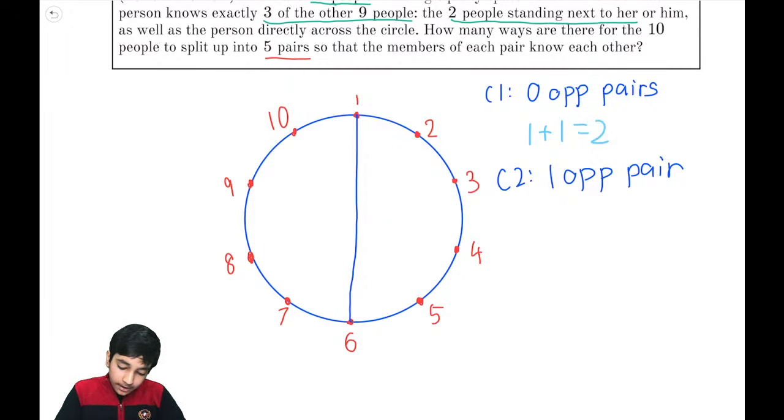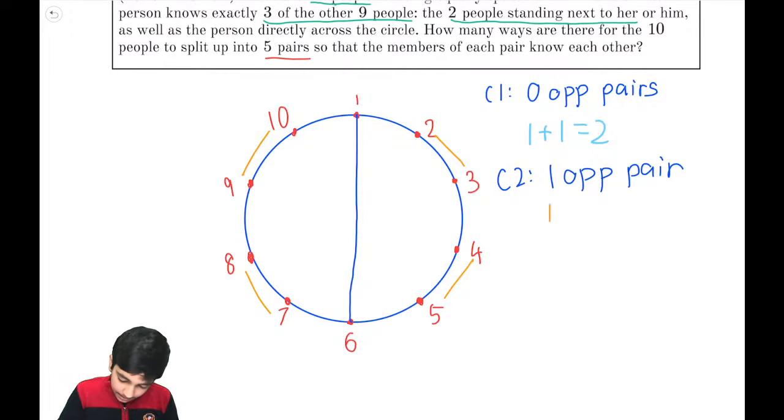Then there's only one way to pair up the remaining people. There's 1 opposite pair, and all the other 8 people are paired with people next to them. So we can have 2 and 3 be a pair, 4 and 5 be a pair, 7 and 8 be a pair, and 9 and 10 be a pair. And that's only one case.